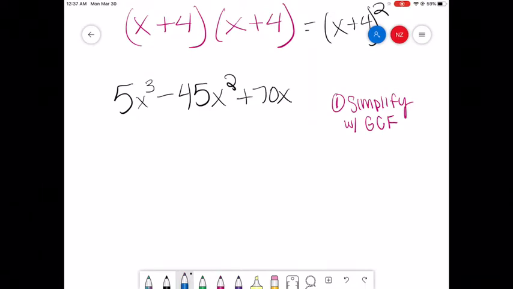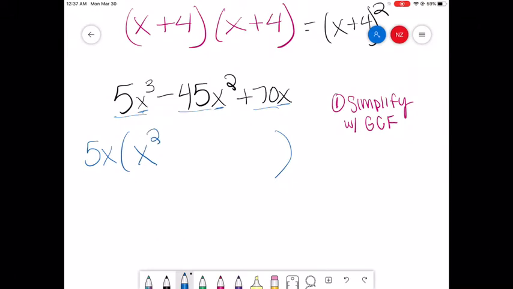If you're taking a look and you have a good number sense, you hopefully notice that all 3 of these numbers go into 5. In addition, they all have an x. So I can factor out a 5 and an x, which essentially means that I'm dividing everything by 5x. So I'm going to take that 5x out, and that's going to change everything that is inside parentheses. 5 divided by 5 is 1. x cubed divided by x is x squared.